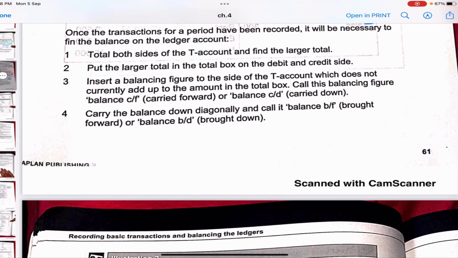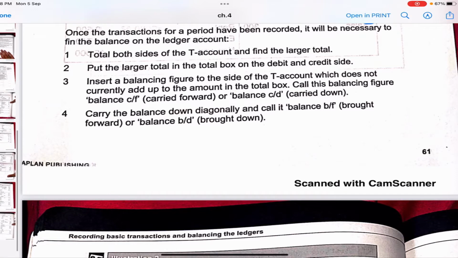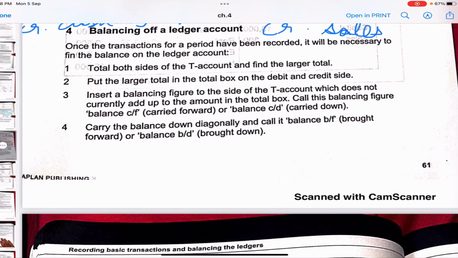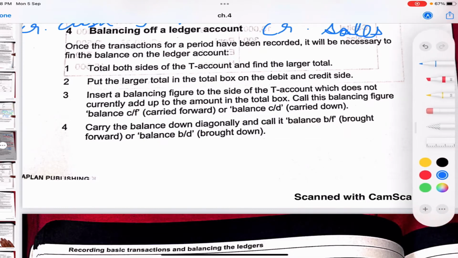Okay. So now I'm assuming that we all are through with the journal entries and how to post the journal entries into ledgers. Now let's see what is there in the further chapter. This is the important part of this chapter, and this is nothing but balancing of a ledger account.